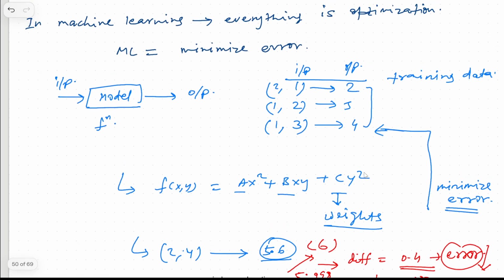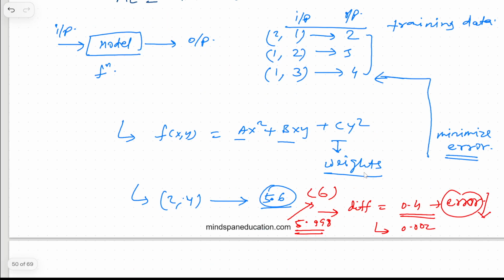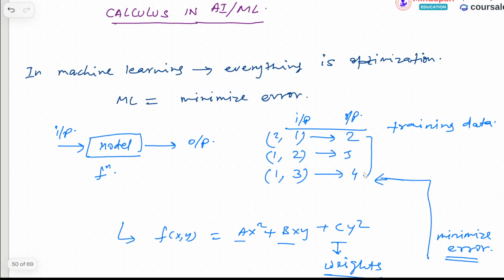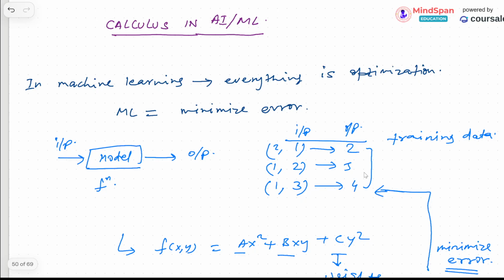So whenever minimization, maximization, or optimization comes, since we are talking about the function itself, and a model means a multivariable function, this is where calculus comes into the picture, because calculus teaches us how to optimize a function, how to minimize a curve, and how to know the actual nature of the curve, whether it is going to increase or decrease when we increase the input.